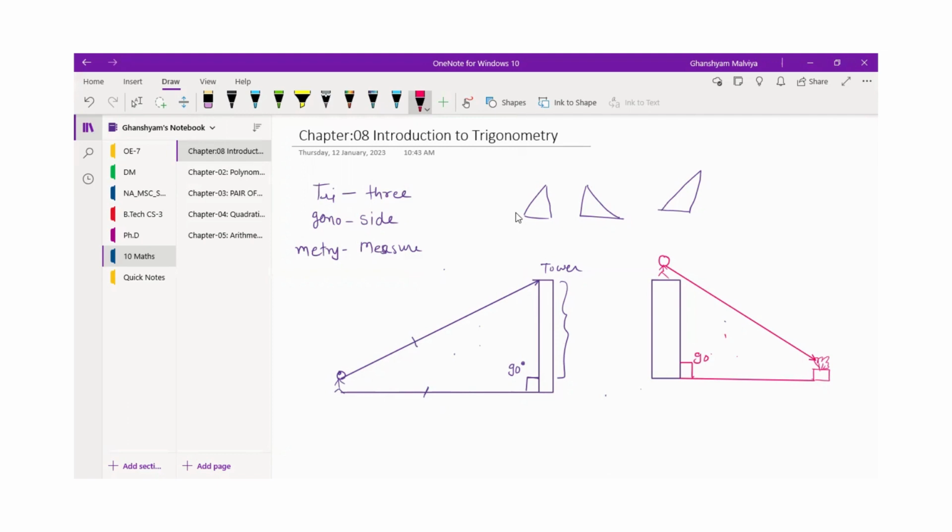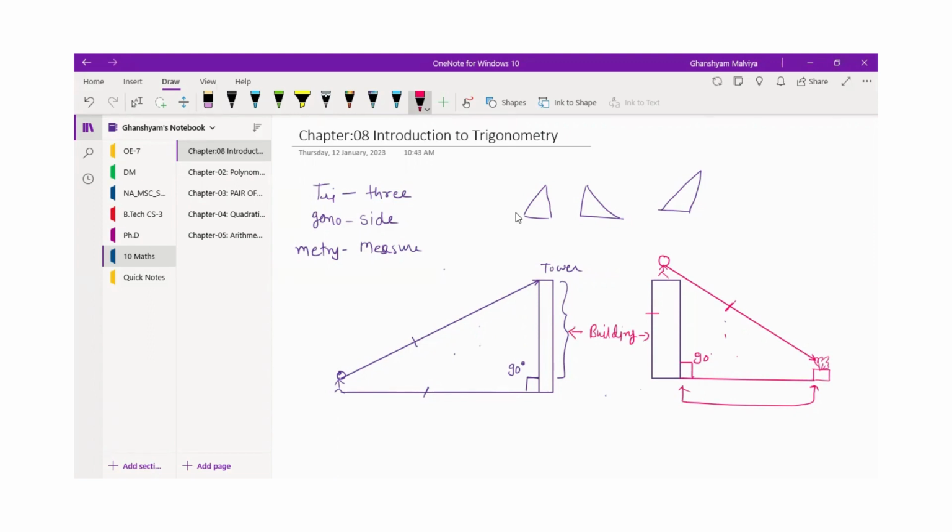If we know the height of this building and have information about this side, then we can find the distance between the building and the flower pot using trigonometry.